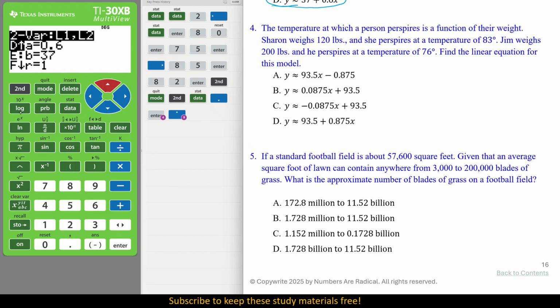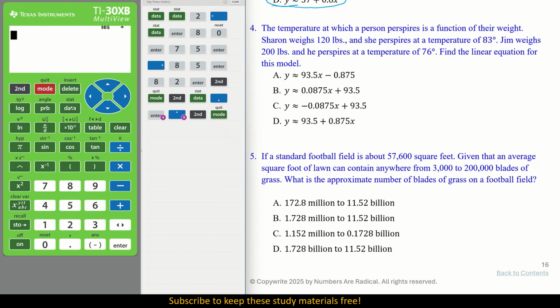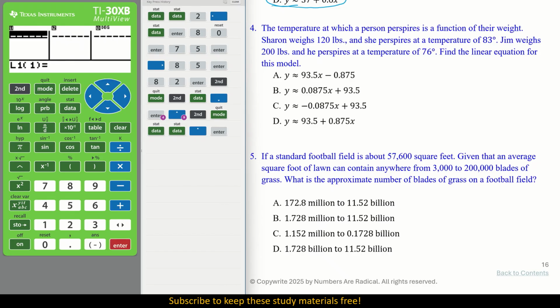Okay, so I'm just going to back out and then push my data. And I'm going to go ahead and clear everything out because I want you to see exactly what I'm doing. Okay, no questions. So I am going to put pounds in L1 and Sharon will be first.